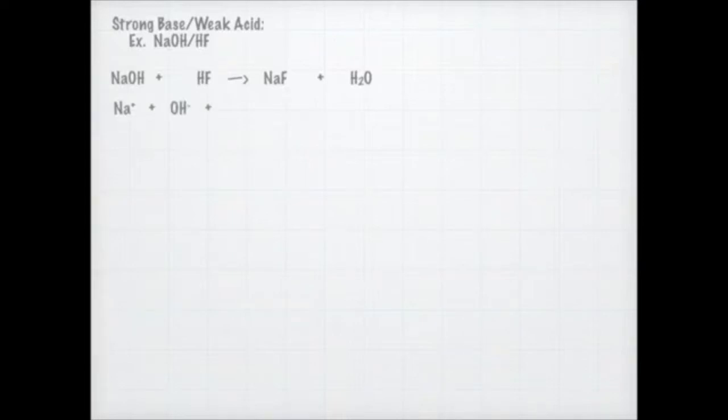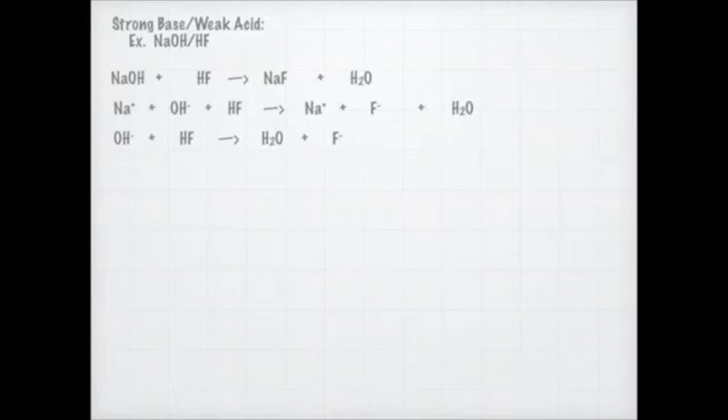Hydrofluoric acid is a weak acid, so it's a weak electrolyte and stays together. Sodium fluoride breaks apart into sodium ions and fluoride ions, plus water. The only spectator ion is sodium, so you're left with hydroxide reacting with hydrofluoric acid to produce water and fluoride ions.